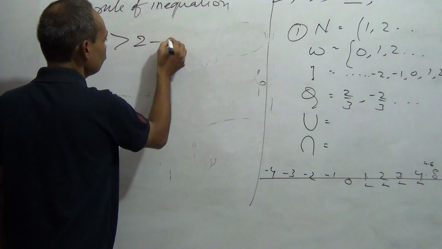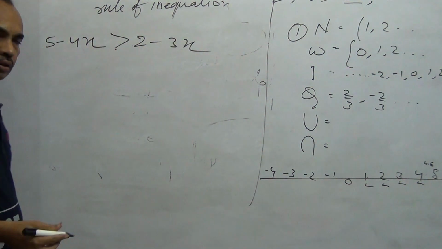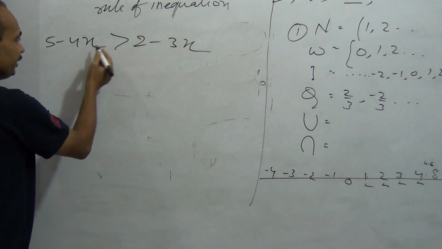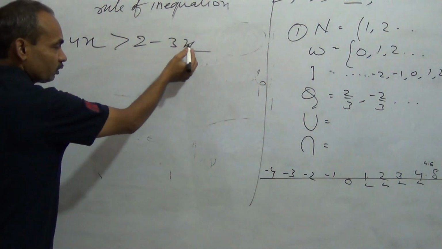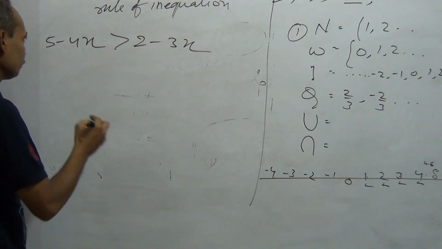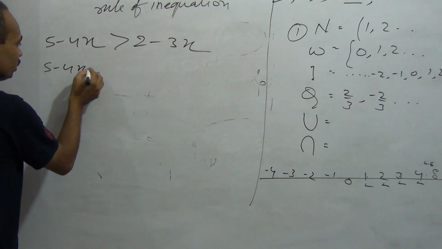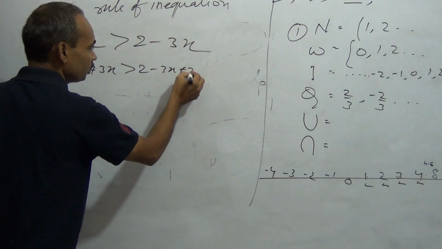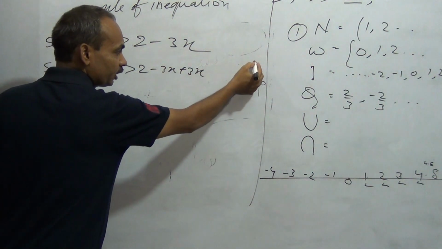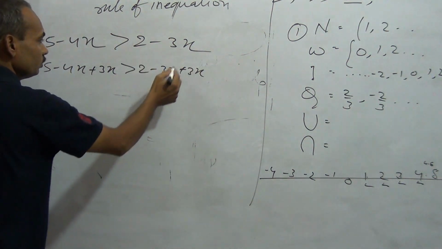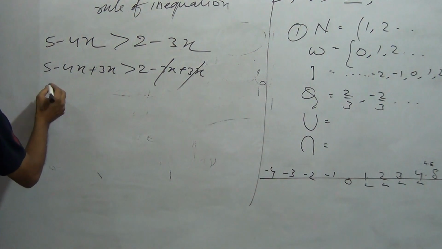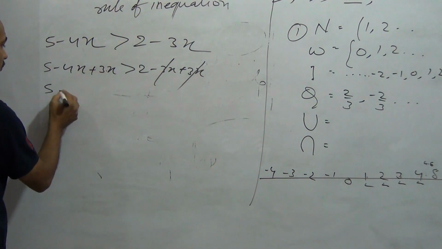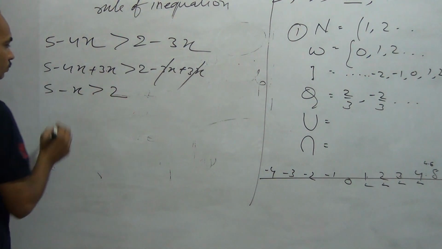Adding 3x on both sides: 5 minus 4x plus 3x, 2 minus 3x plus 3x. Adding 3x on both sides, 3x cancels. We get 5 minus x is greater than 2.